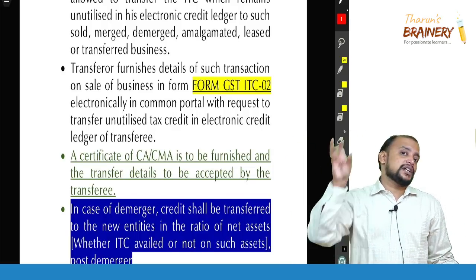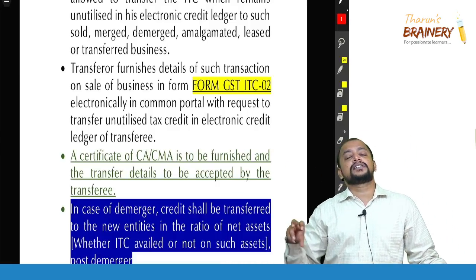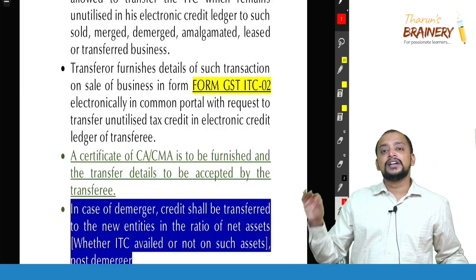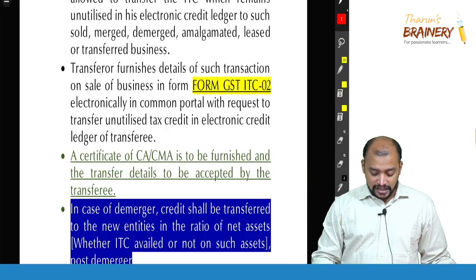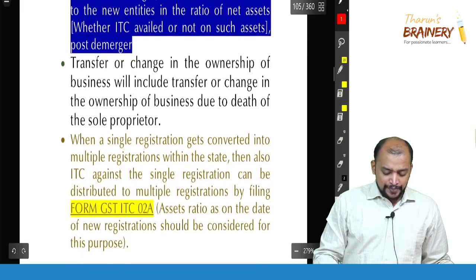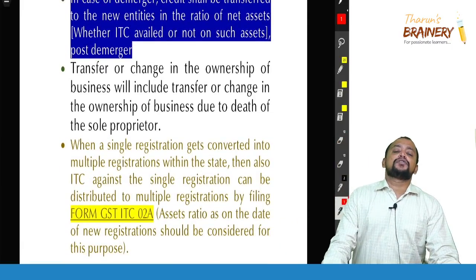Post demerger, whatever is their total assets ratio, including the value of the assets on which they have not taken any ITC, excluding this ITC, in the total assets ratio it will be distributed.